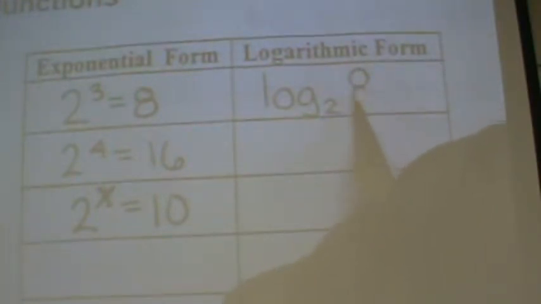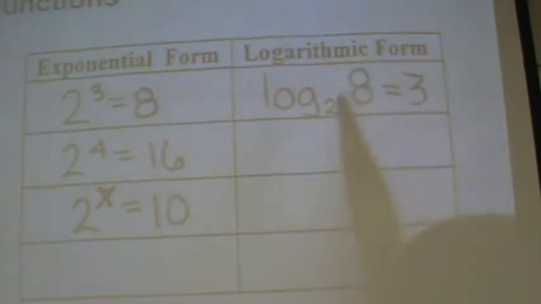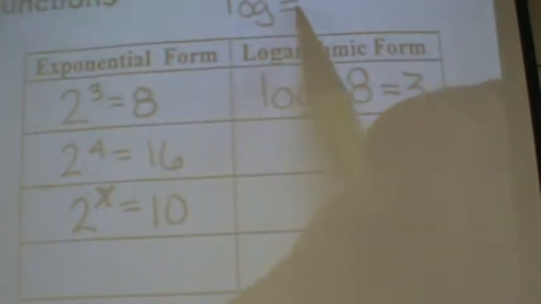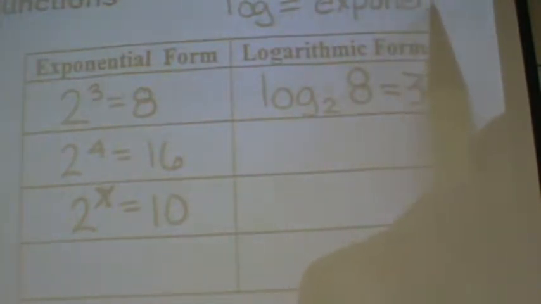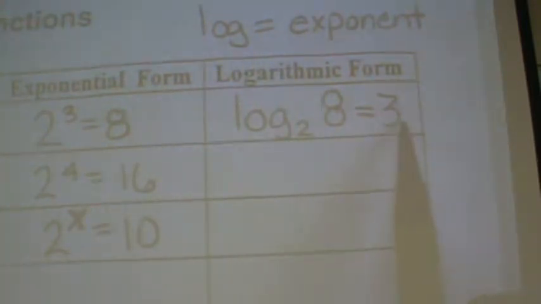The 8 is going to go here. And the 3 goes there. A log, remember this, a log is an exponent. The exponent is 3. The base is 2, and the answer is 8. So this is read, the log of 8 base 2 is 3.